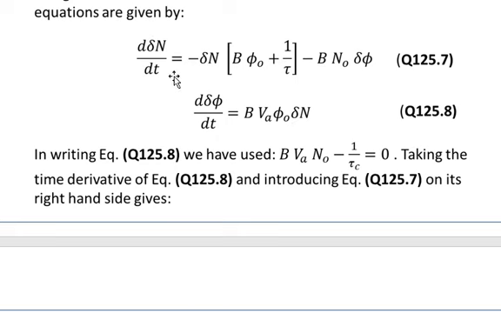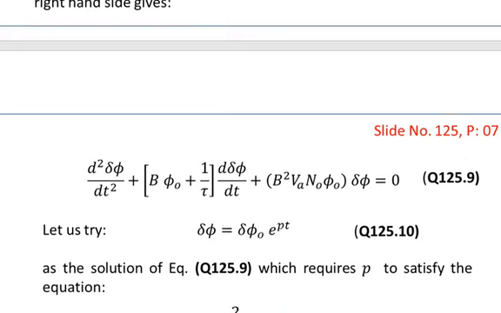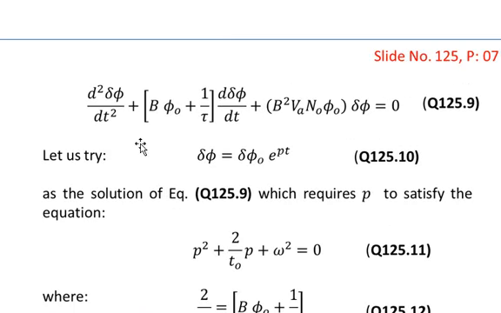So you can substitute this derivative of delta n over dt from equation number 7, and then finally you obtain this equation.